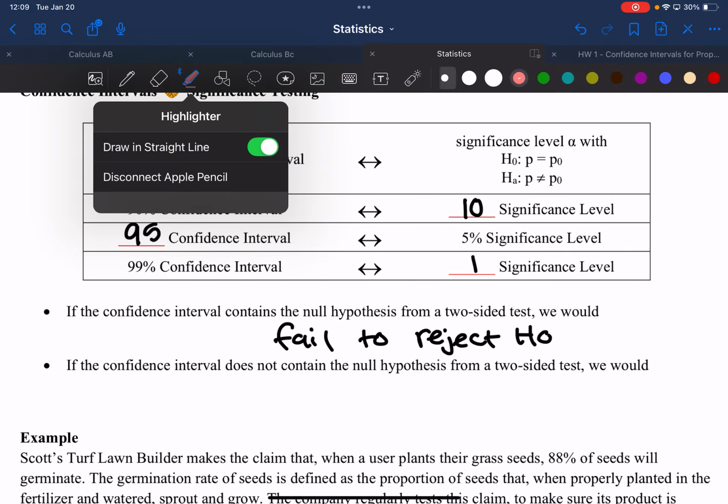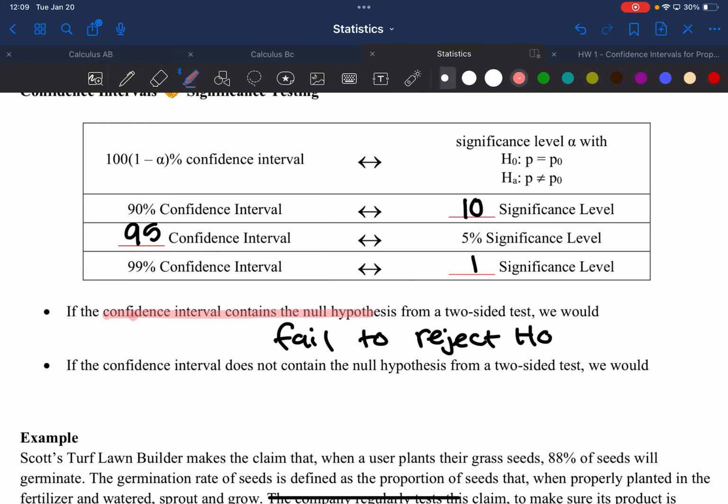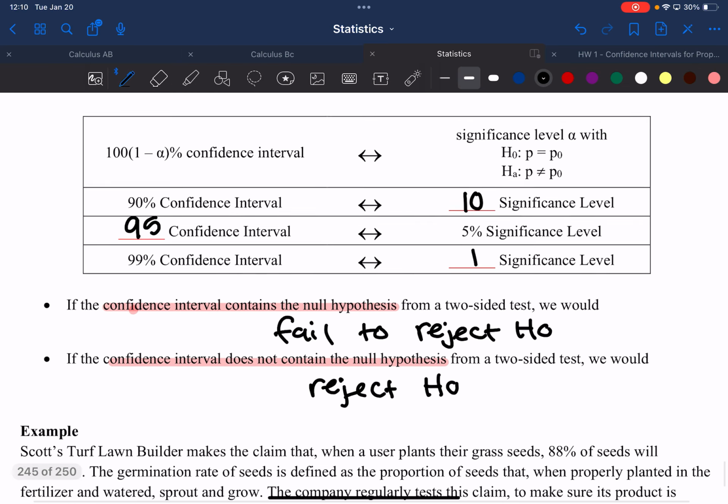So if the confidence interval contains the null hypothesis, versus if the confidence interval does not contain the null hypothesis, okay, we are going to reject the null hypothesis, which means that using a given significance level or a given confidence interval, and whether or not that significance level or that p-naught value is within the confidence interval, we could say reject or fail to reject without completing the entirety of the test. So here's an example of that.